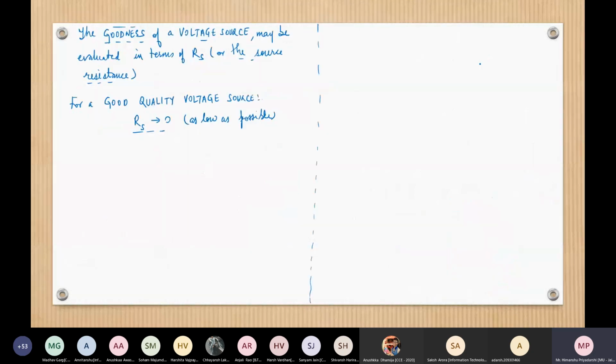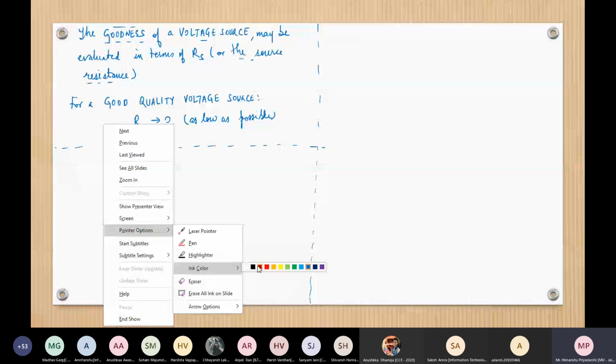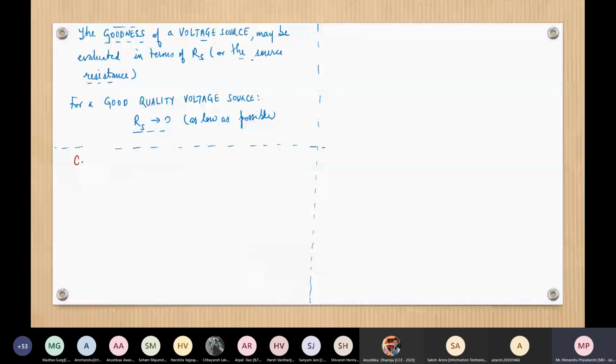Now coming to current source. Ideal version.